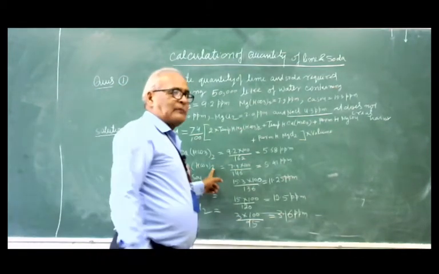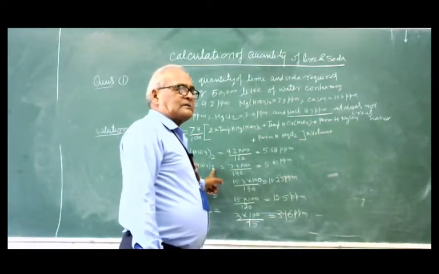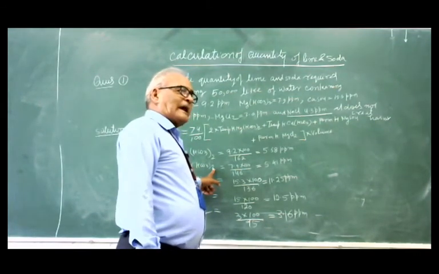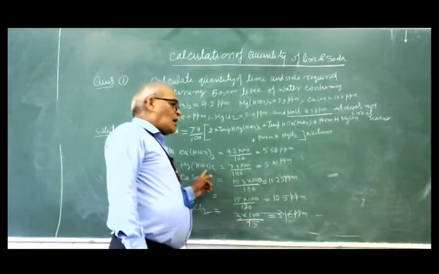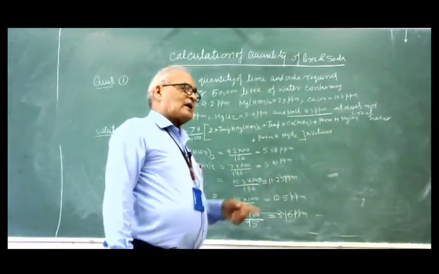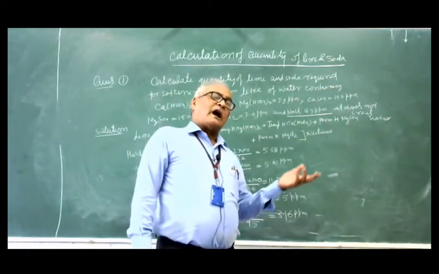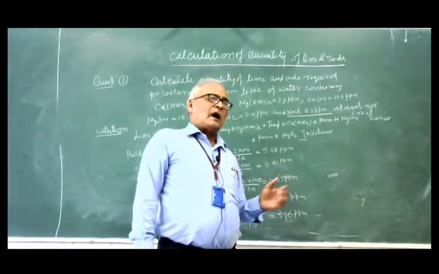When you write the chemical reaction, that is the calcium hydroxide, lime. So magnesium bicarbonate plus 2 calcium hydroxide react, giving you magnesium hydroxide and calcium carbonate and water.